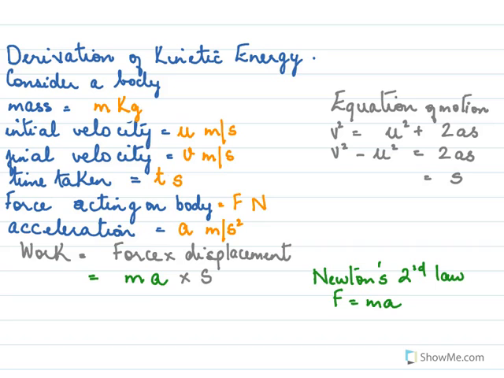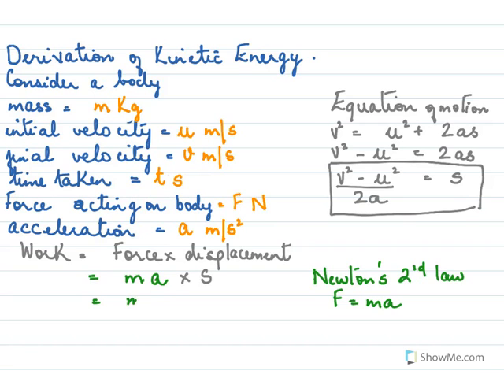And if I want to find the value of s, it will be v square minus u square over 2a. So this value of s I am going to substitute here. So we know force was m into a, and for s I am now going to put v square minus u square over 2a.